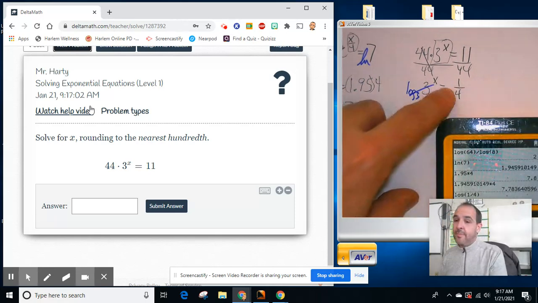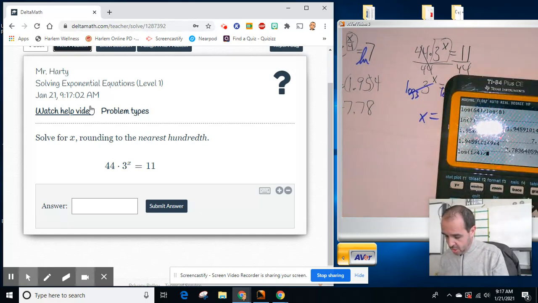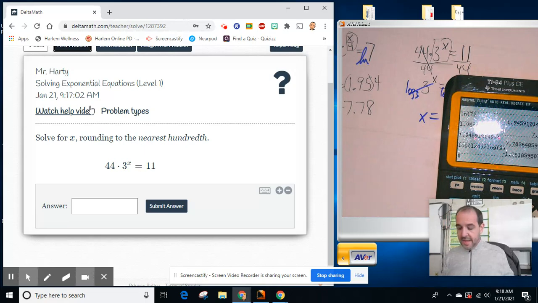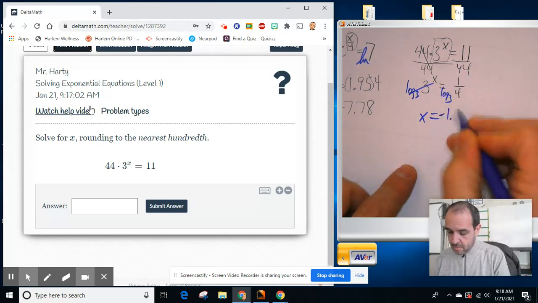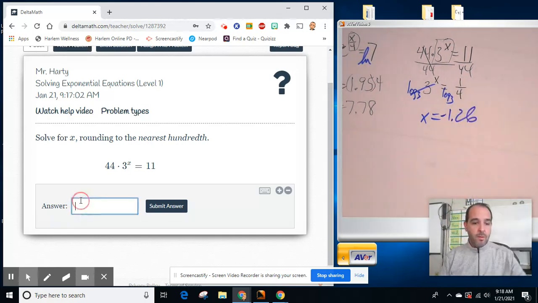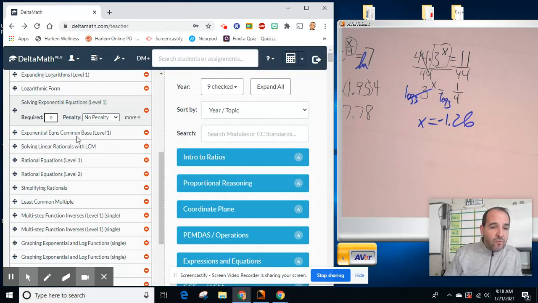I know it's not the bigger number, but it physically is the bigger number, divided by log little. And again, nearest hundredth, negative 1.26. Bam. And we're going 100 for 100 so far. Woo! And we're way over halfway there.